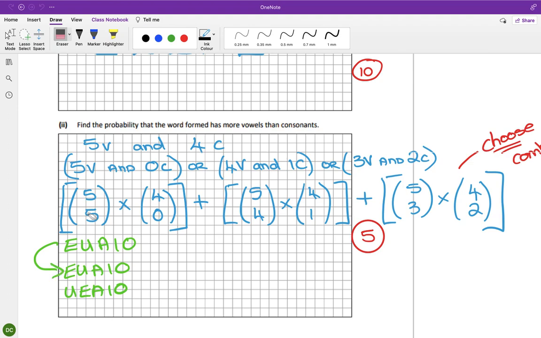So these two are the same combination, but they're not the same permutation. I think that's going to happen the whole way across. So what I've done here will only choose them. It won't arrange them.